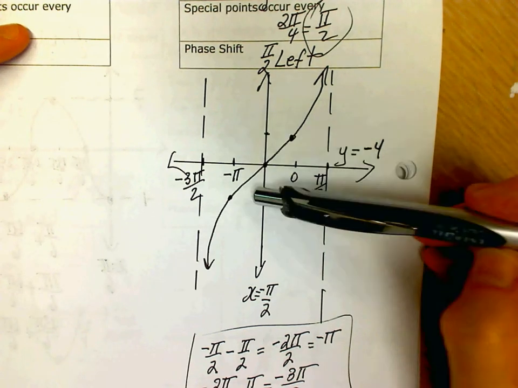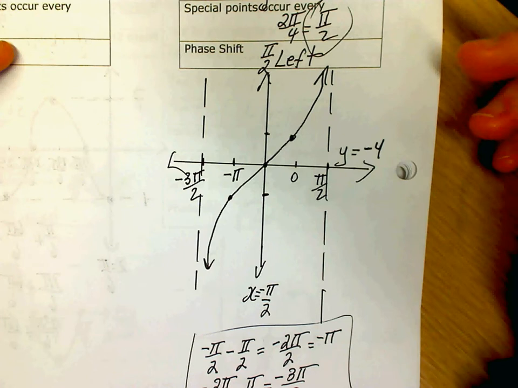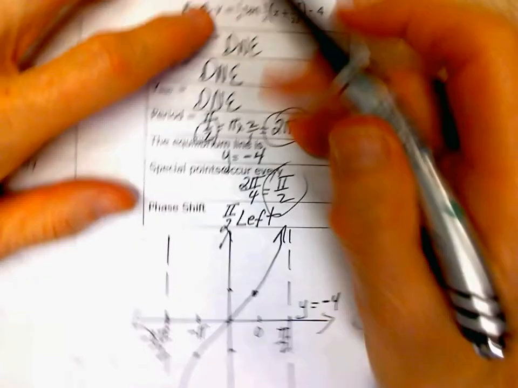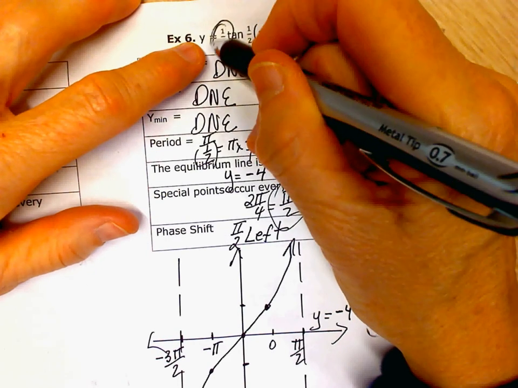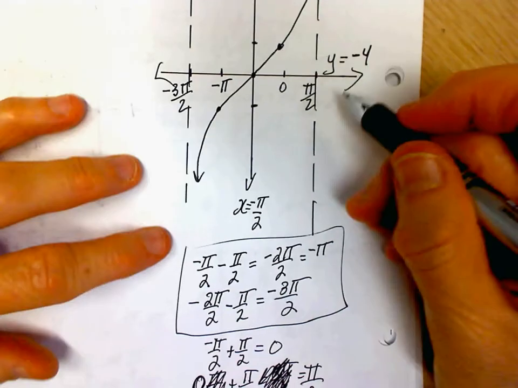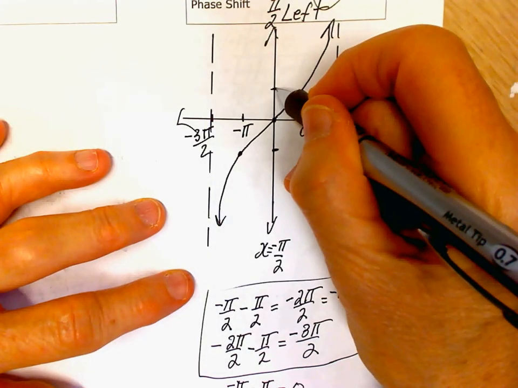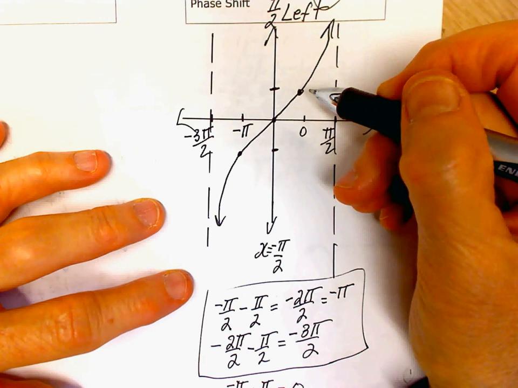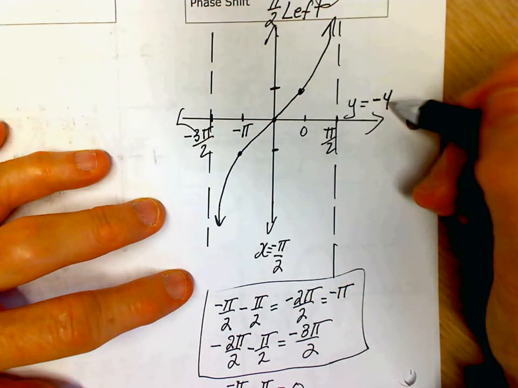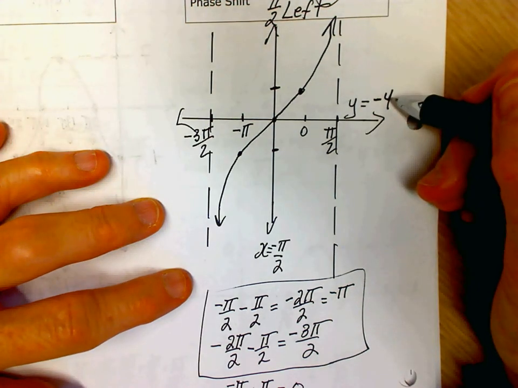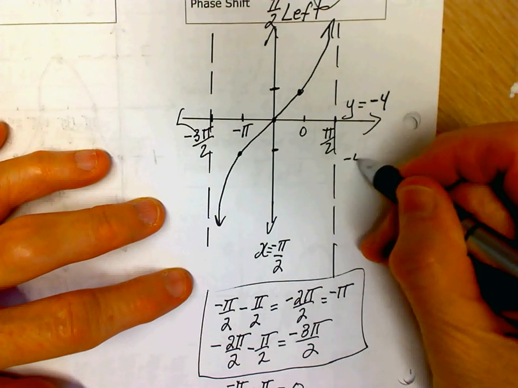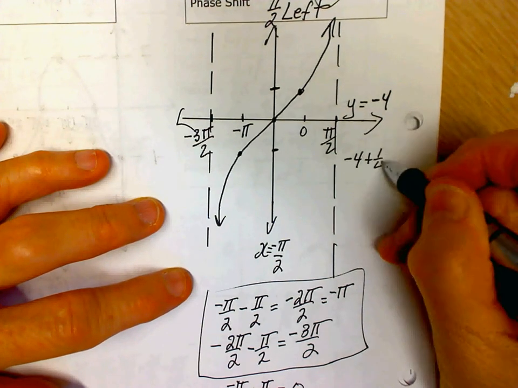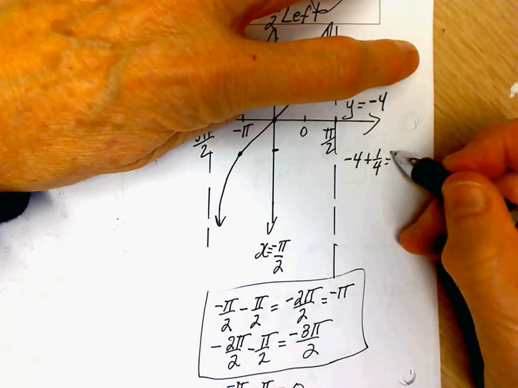So it goes up by a quarter, right? So what will this point be? No, it starts at -4. We have -4 plus a quarter equals -16 over 4, right?